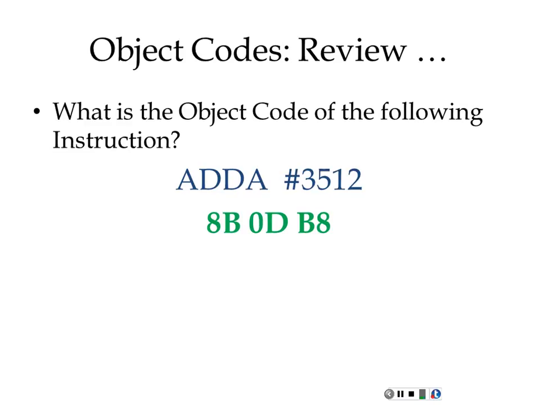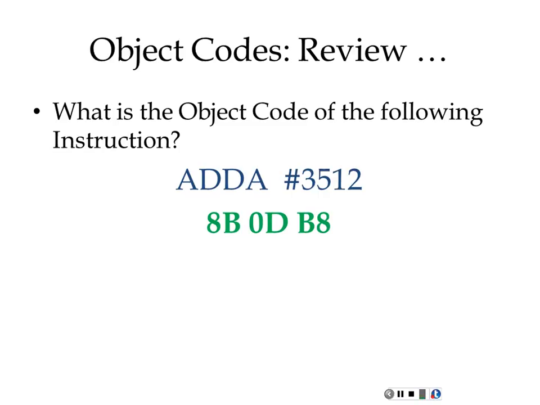Operand here. What is the number system for that? Is it binary? Oh, it's not binary for sure. Is it decimal or hex? 3512. That is decimal, right? Because there is no dollar sign. So that is decimal. Now we convert 3512 into hex.